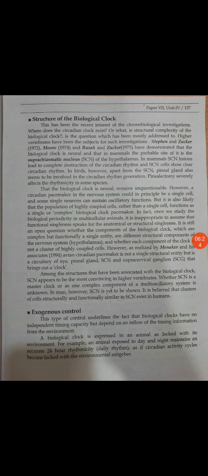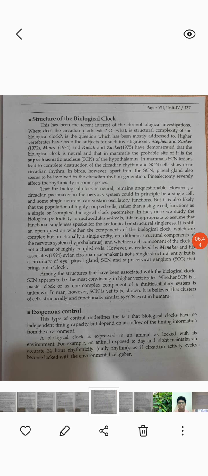Now, the structure of biological clock. When we talk about the structure, actually it does not have some specific structure, but this is about where the circadian clock exists, or what is the structural complexity of the biological clock. It was discovered by many workers, Stephan and Zucker, Moore, Rusak, and Zucker in 1975.